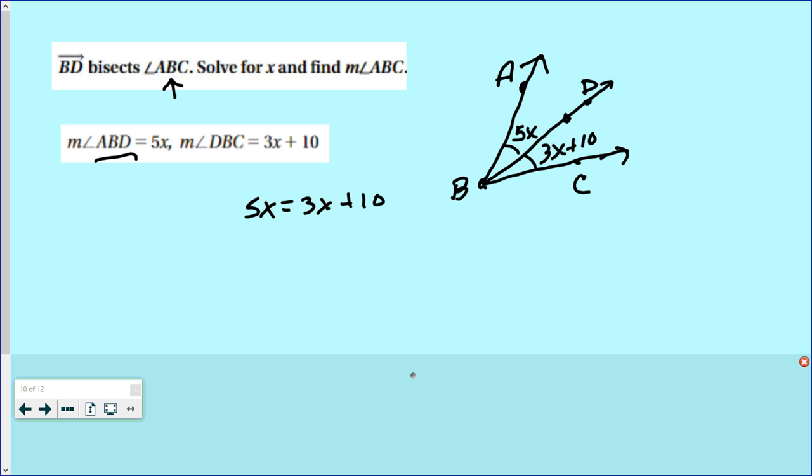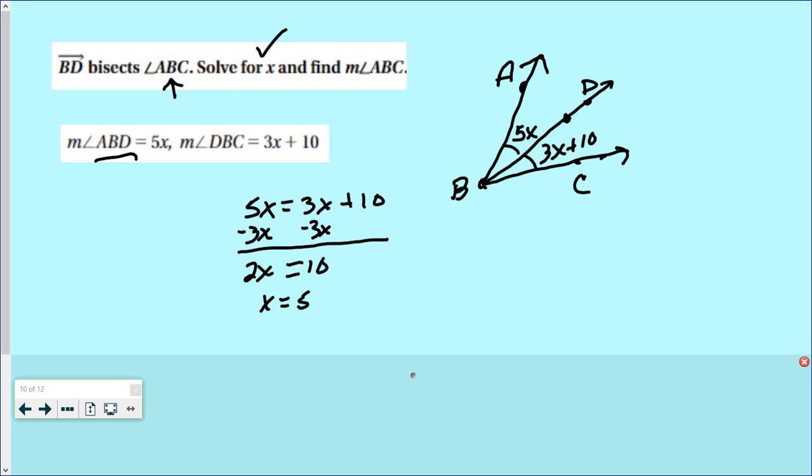Variable on both sides of the problem, eliminate one of the variables. I'm going to eliminate it from the right side. That way my variable is on the left and my number is on the right. So 2x equals 10, x equals 5. So they want us to solve for x. We've done that. Now to find ABC. Well, ABC is the large angle.